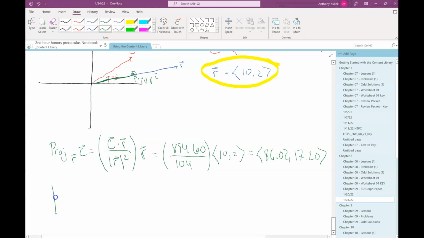And then my last step is I just need the magnitude of that vector.